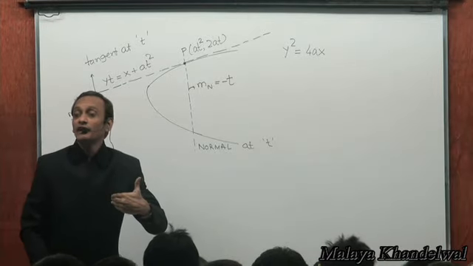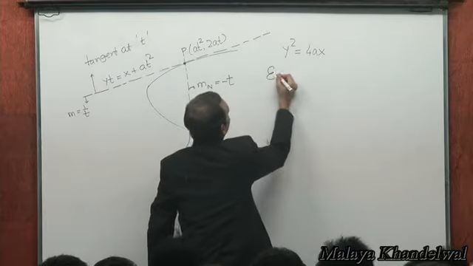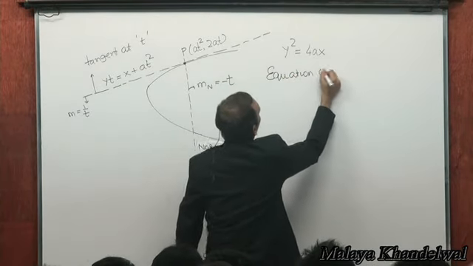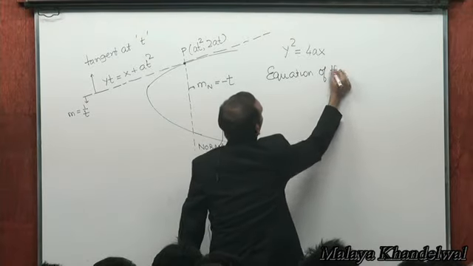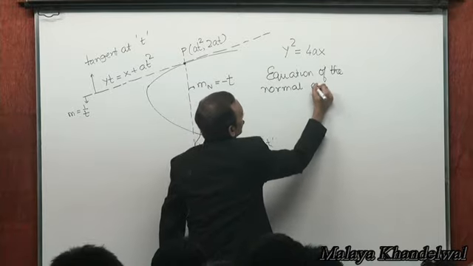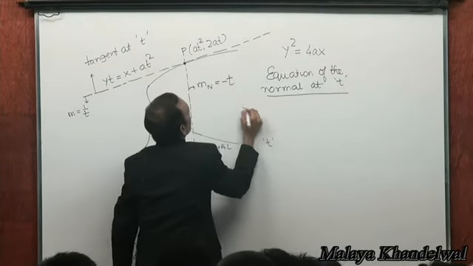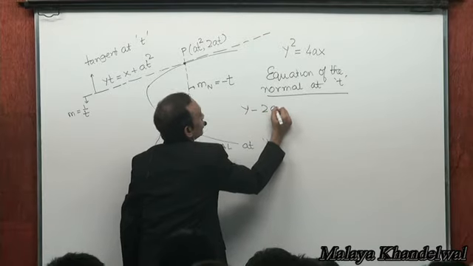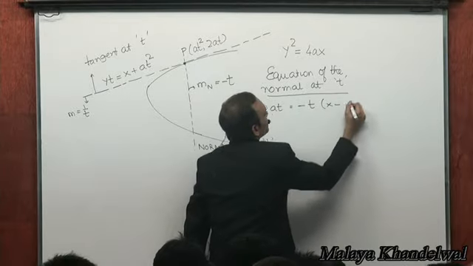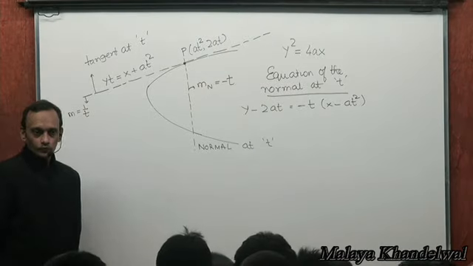So the equation of the normal at t is given by y minus 2at is minus t into x minus at squared. How about it? Yes or no? Right?